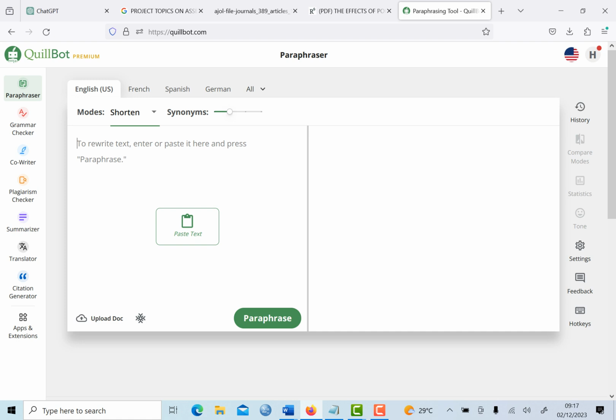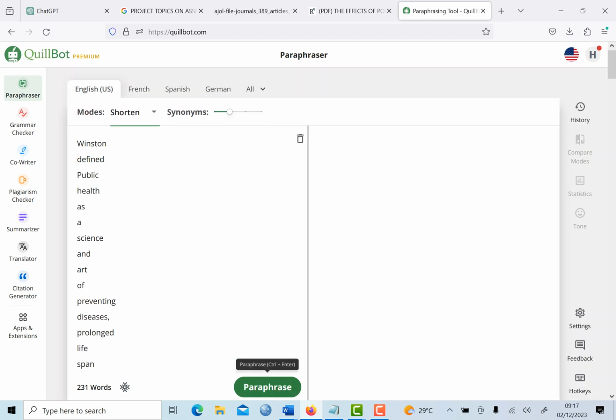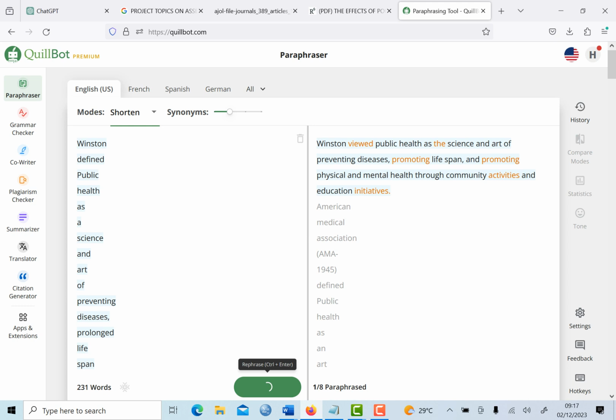Paste it in the paraphrasing tool. You click on paraphrase. If your network is very fast, yours will be faster than this.